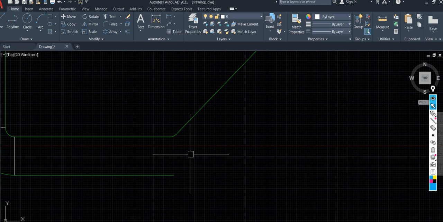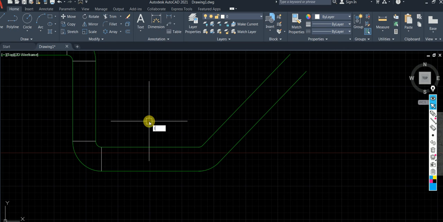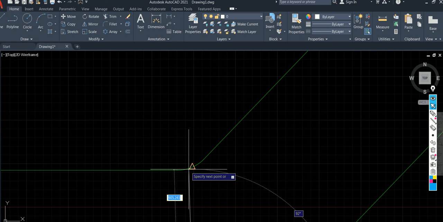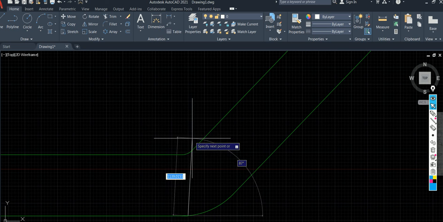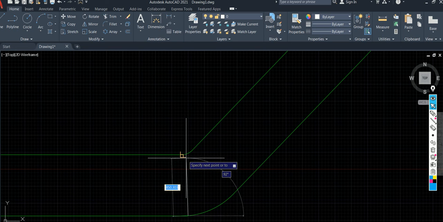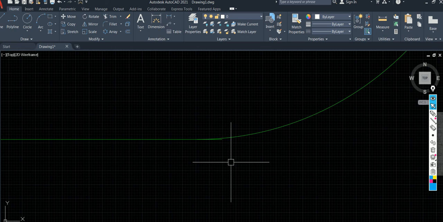Okay, and then offset, isn't it? That's why I told you, don't draw on everything. Okay, we're done now. That's why trim it one minute.